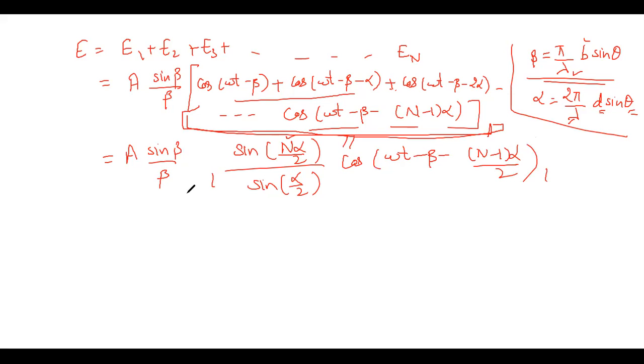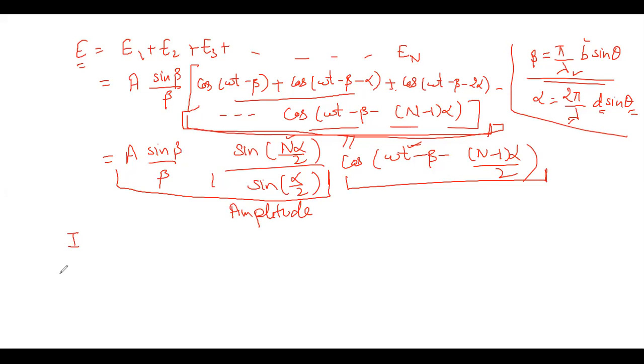If you look at this expression, there are two terms. One is independent of time, which basically tells you the amplitude. The second one is a function of time, which tells you the variation of this disturbance as a function of time. We are interested in measuring the intensity, and as I keep on saying, intensity is directly proportional to amplitude square.